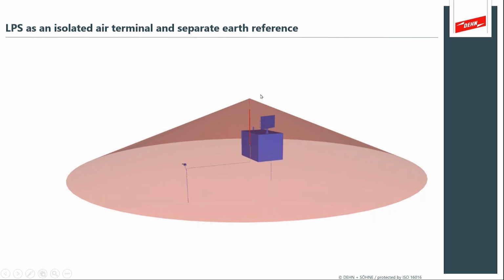But what's very nice about this illustration is that you see the down conductor, and that's you have the air terminal, you have this red lightning mast, and then you have the down conductor. And in this application, we've used some of our DEHN products that provide prevention of side flash. The conductor prevents side flash from entering the structure.